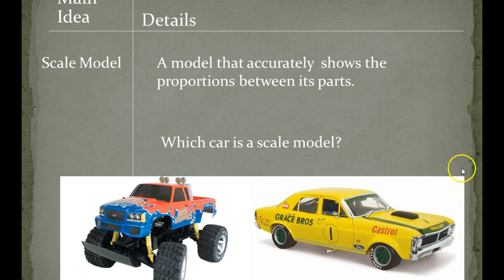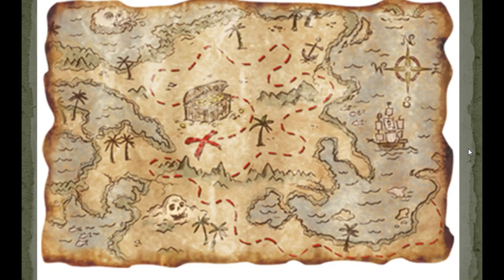Okay? So let's take a look at some examples. We have a model here. This is a map, similar to the one we showed as an example. The question would be, is it a model, a regular model, or a scale model? Take a minute to think about it. If you were thinking that this is a regular model, you were correct.